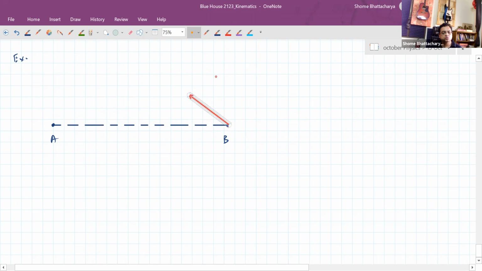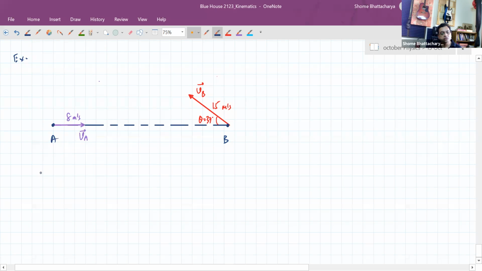suppose this is moving with a velocity like this. So this has got a magnitude of 15 meters per second at an angle of 37 degrees, whereas A is moving like this, with a magnitude of, let's say, 8 meters per second.